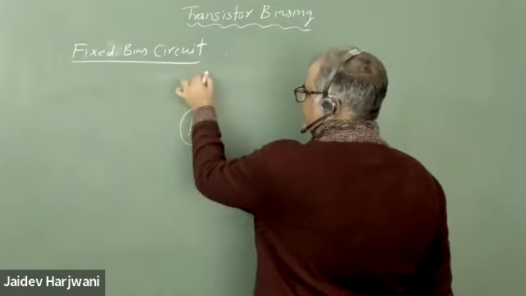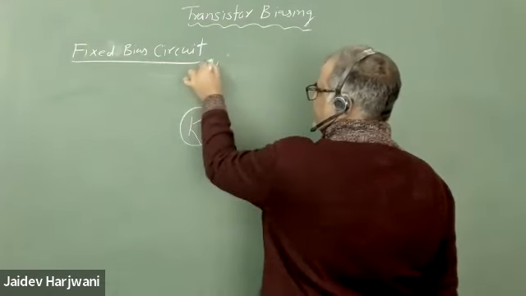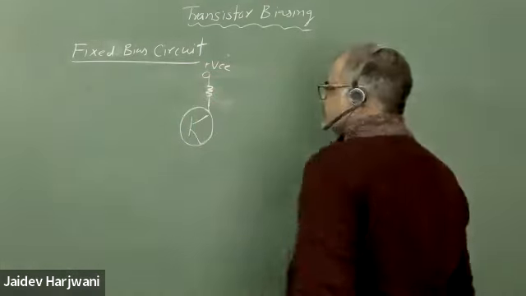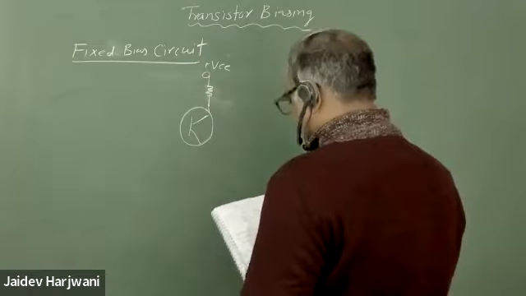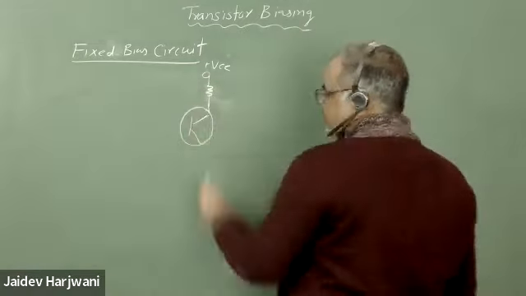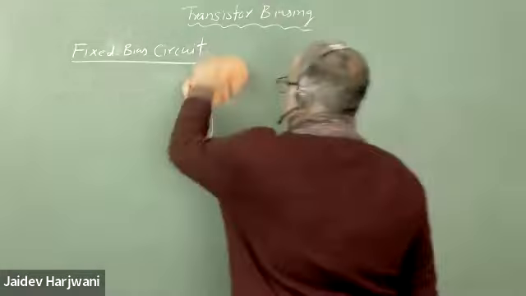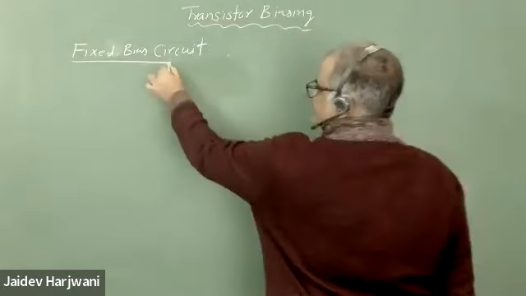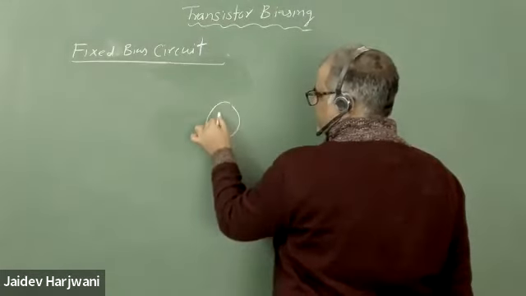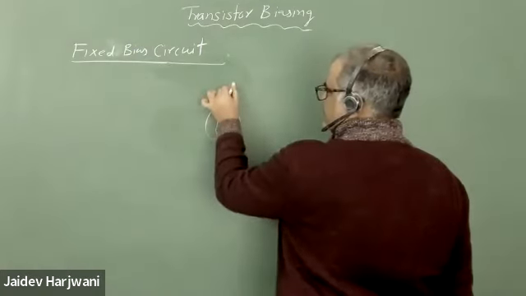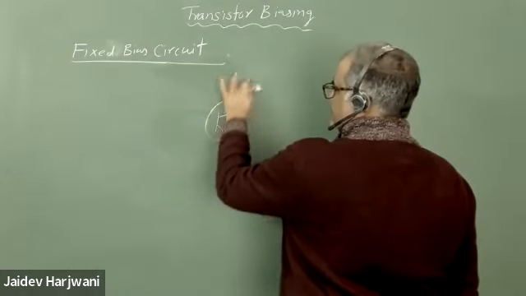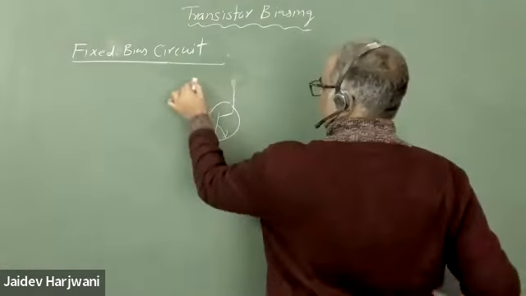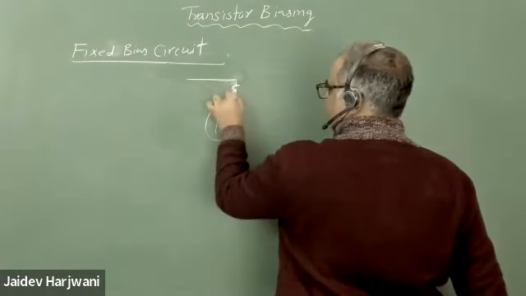So you have a battery VCC, and here we have a resistance, say RC, and a transistor, and biasing here.